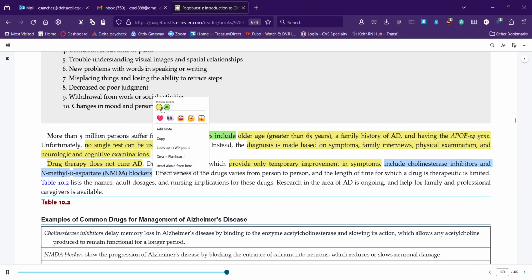So the effectiveness of these drugs vary from person to person, just like with any drug, and the length of time for which the drug is therapeutic is limited, which means that it's going to work for a while, but then it's going to stop working.